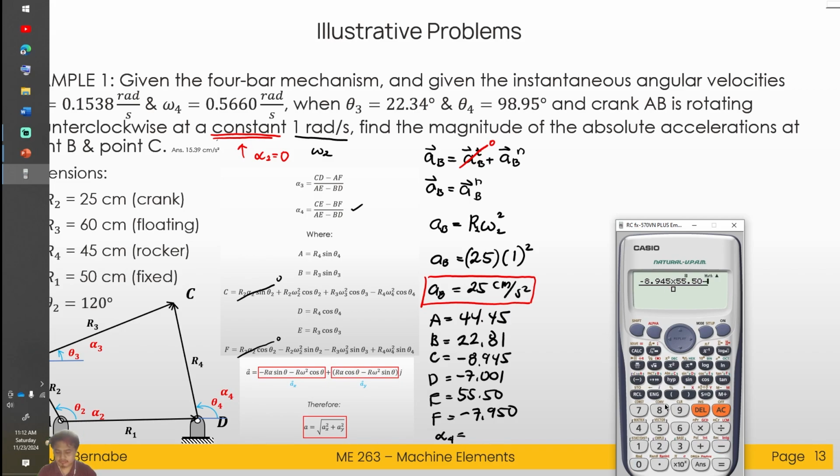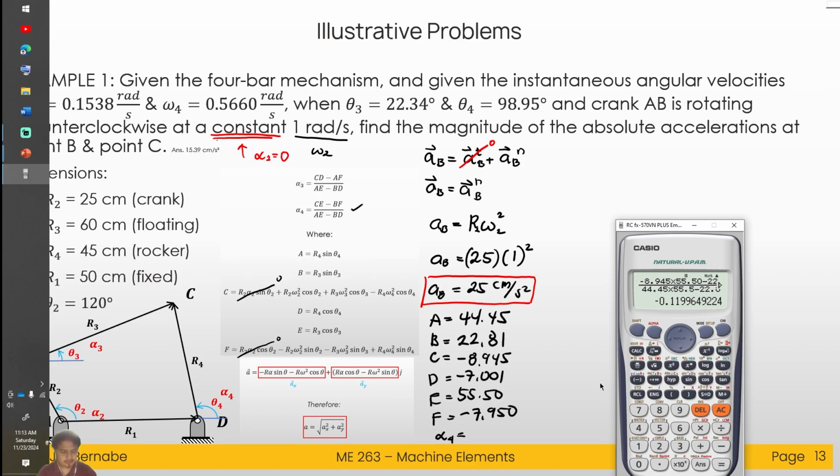Minus BF. So B 22.81 times negative 7.95. Okay? And then over AE, so 44.45 times 55.5, then minus BD. So BD 22.81, and then multiplied by D, so negative 7.001.